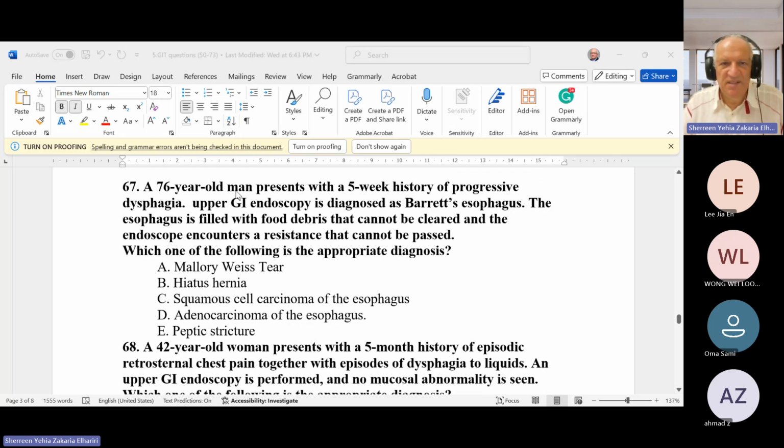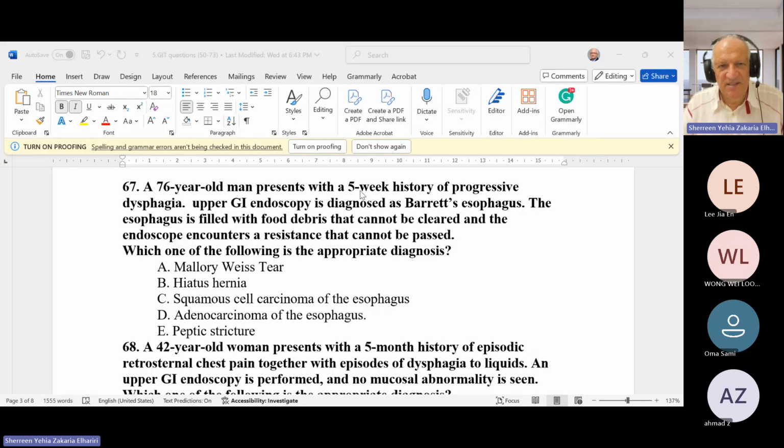A 76-year-old man presented with a 5-week history of progressive dysphagia. Upper GI endoscopy diagnosed Barrett esophagus. The esophagus is filled with food debris that can't be cleared, and the endoscope encounters a resistance that can't be passed. So this patient now has complete obstruction.